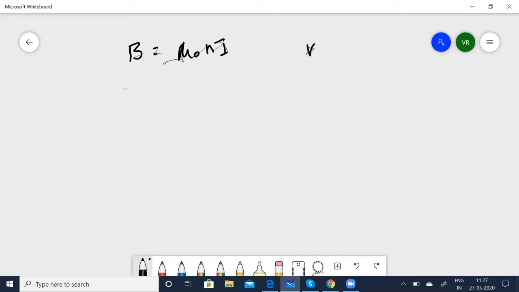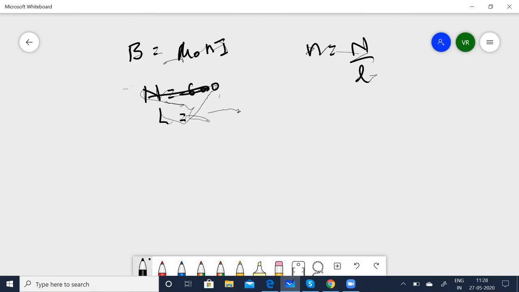But we know n is equal to N by L, where n stands for the turn density. I told you n is the turn density here. So having known now capital N is given as 600. Sorry children, small n.